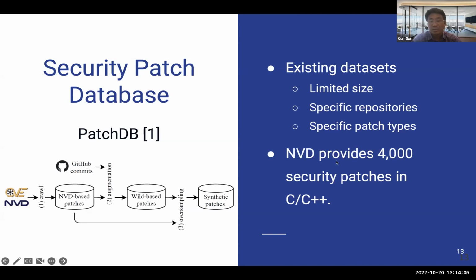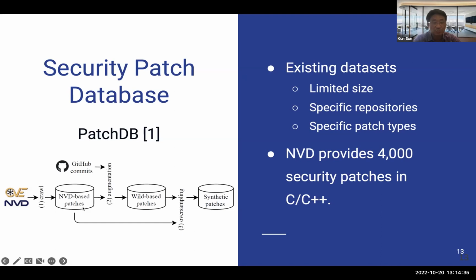So first, from the NVD database, we can collect around 4,000 security patches related to C or C++. So for our work, we focus on C and C++ languages. The whole process to construct our database contains three parts.